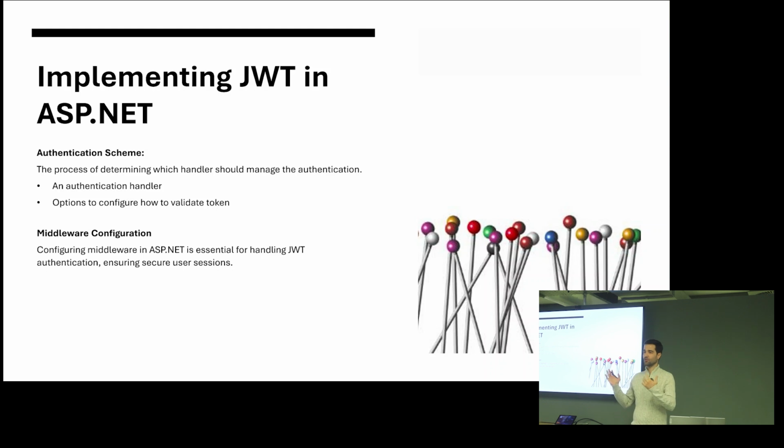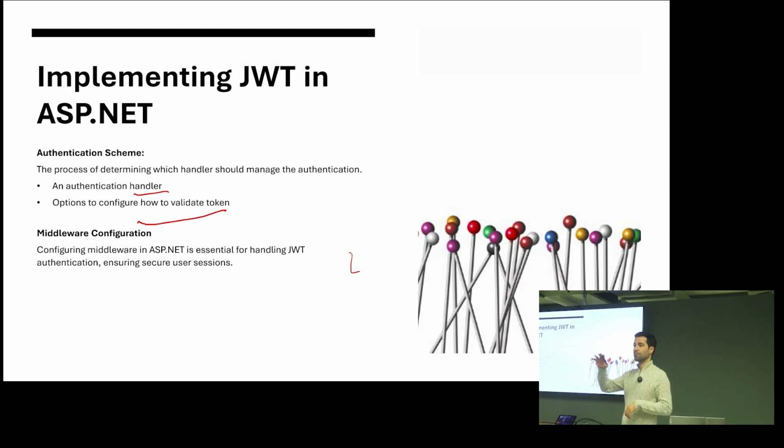That's the only thing you need to be worried about. Authentication scheme has two responsibilities. The first responsibility is to define the handlers, and the second responsibility is to define the configuration for those handlers.